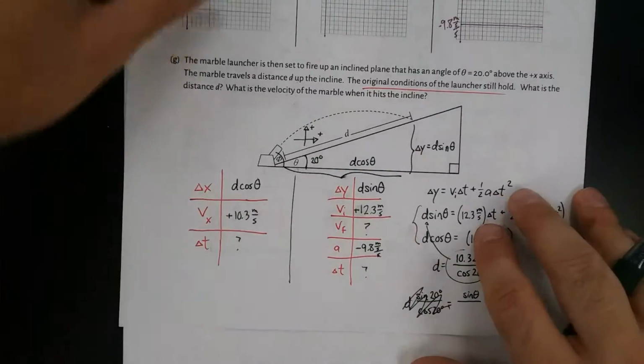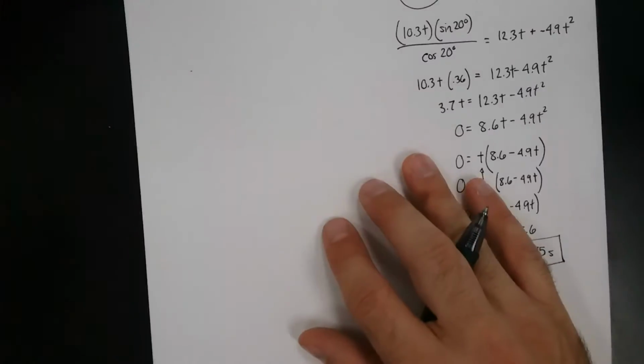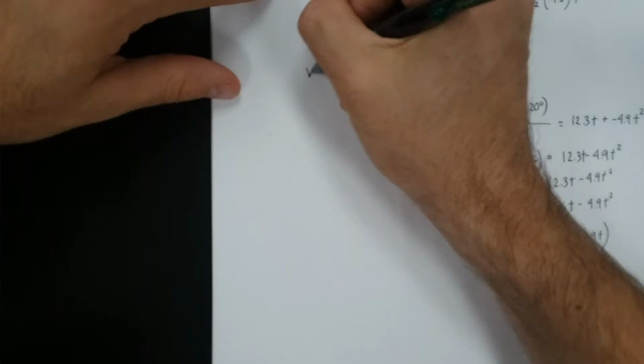What is that distance d? Well, I'll solve that back with my original equation for the x velocity.